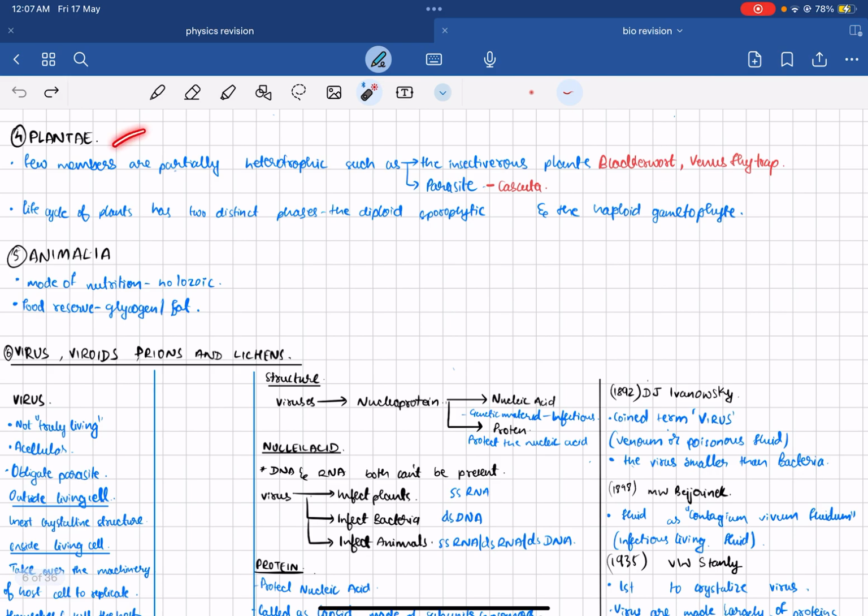Next is Plantae. This is extensively discussed in the chapter Plant Kingdom, so it's not much given here, but we have to remember the parasitic plant is Cuscuta, and insectivorous plants are bladderwort, Venus flytrap, and pitcher plant.